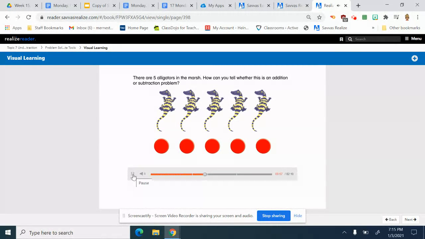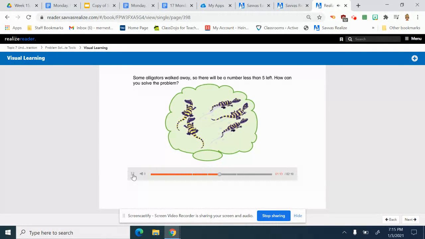How can you tell whether this is an addition or subtraction problem? Listen for the words in the problem like away and are left. How do you know this is a subtraction story? Some alligators walked away, so there will be a number less than 5 left.